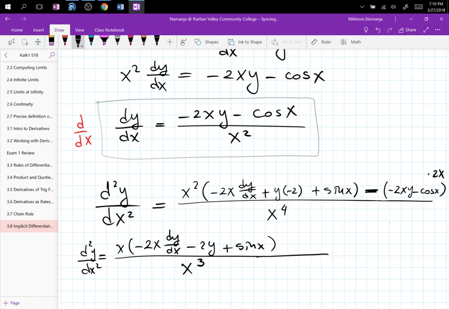And then the minus distributes on the other one. And then times 2, because one of the x's canceled. Maybe I should indicate that by canceling like this. There we go. So now minus distributes, and 2 will distribute, so it becomes plus 4xy plus 2 cosine x.